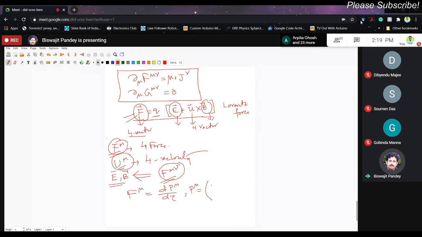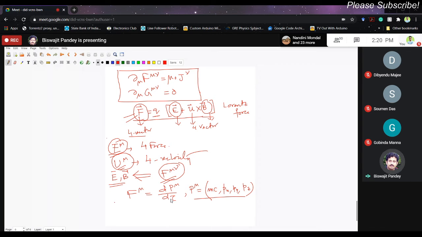But I will not write E by c, because E is used for the electric field and it may look ambiguous. So I write mc squared by c, the rest mass energy plus kinetic energy, divided by c, so this is mc, and then you have the three components of momentum, px, py, and pz. These are the 4 components of the 4-momentum.